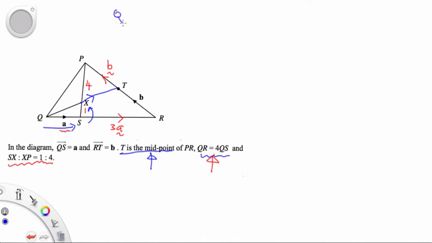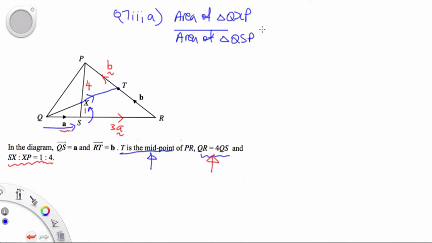Okay, next question 7, part 3A. Now to find this ratio, usually in order to calculate this answer, the standard is usually the few methods.